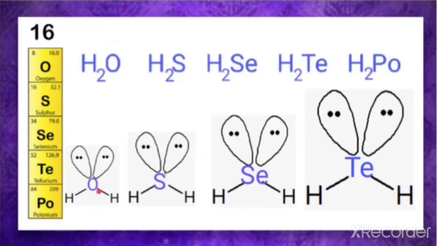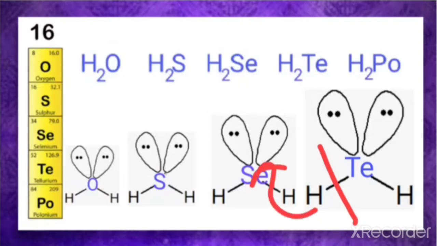So when you compare the OH bond in water with the SH bond in H2S, definitely because the size of S is greater than O, the bond length is greater. So when the size of the central atom increases from top to bottom, the bond length is increasing. When the bond length is greater, it will be easy to break the bond, so the H will be given out very easily.